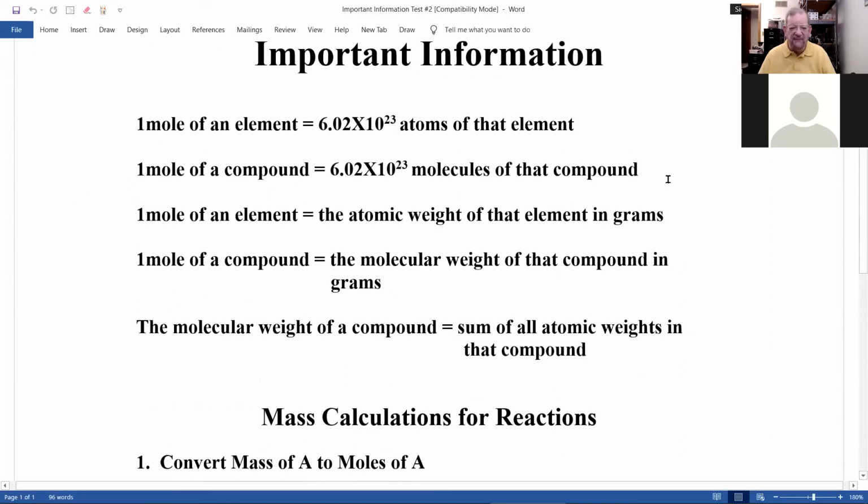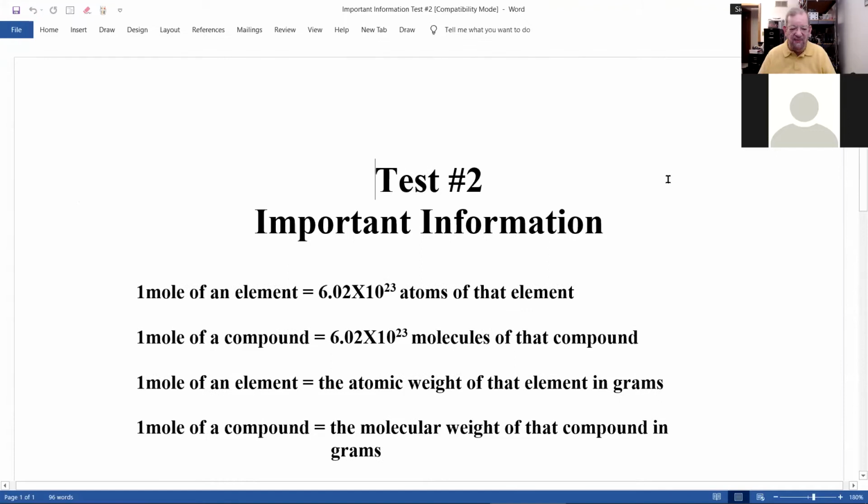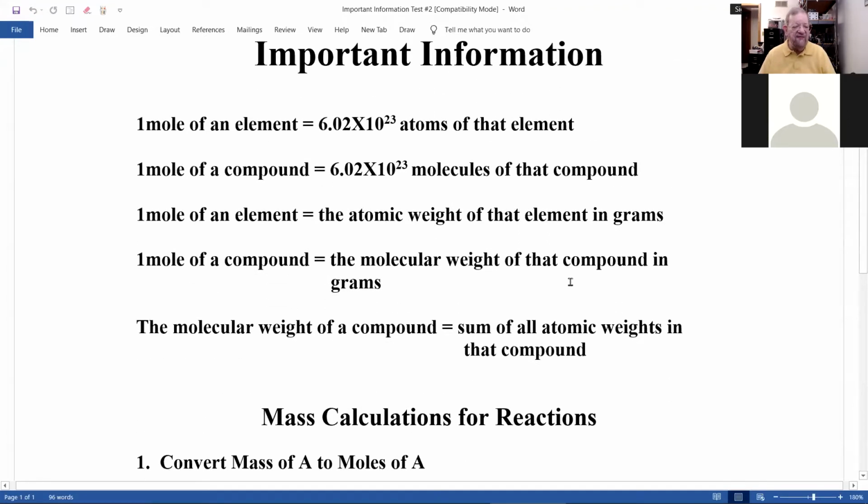Thumbs up, people. Does everybody see test 2, important information? Thank you. If you look here, 1 mole of a compound equals the molecular weight of that compound in grams. Again, 1 mole of a compound equals the molecular weight of that compound in grams.